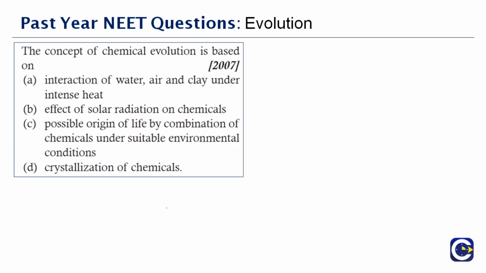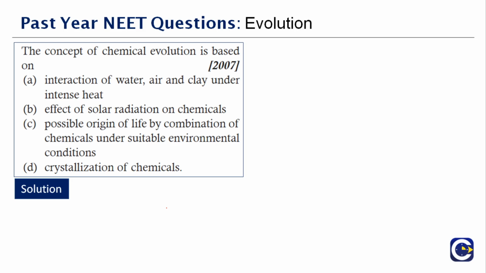Next question here. The concept of chemical evolution is based on dash. So first tell me, what is chemical evolution? We know what is evolution, but what do you mean by chemical evolution? When we talk in terms of chemical evolution, there are a lot of things to be explained in it.